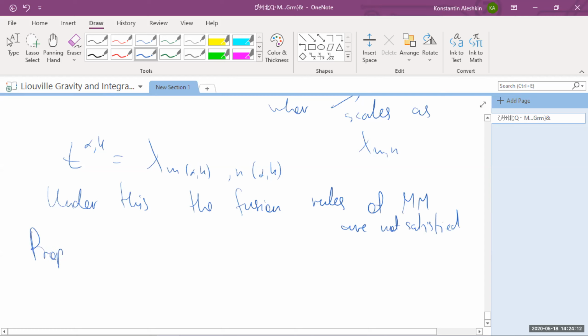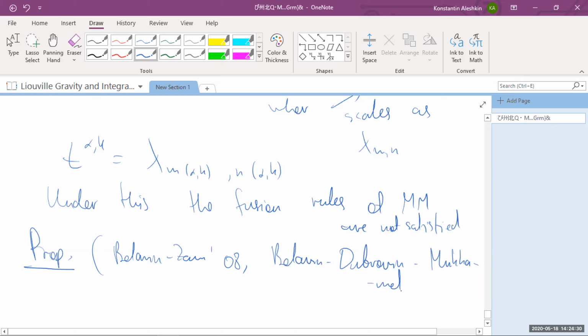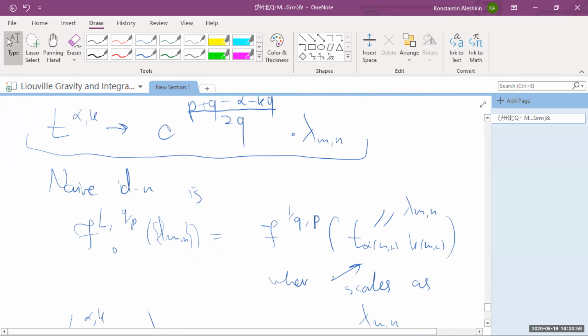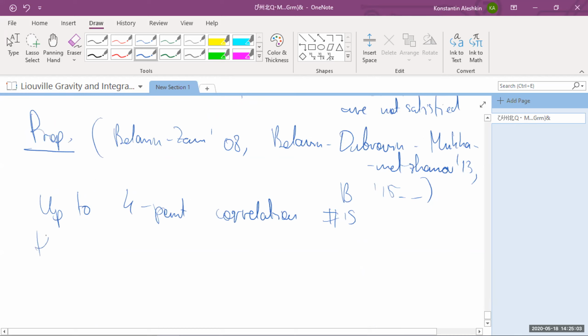So, proposition, which was done in many papers like Belavin, Zamolodchikov in 08, Belavin, Dubrovin, Mukhamedzhanov in 13, by Belavin in 15, etc. That up to 4-point correlation numbers, in other words, up to fourth derivatives of these functions, the fusion rules.